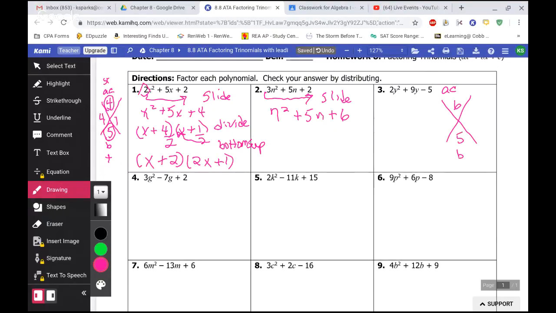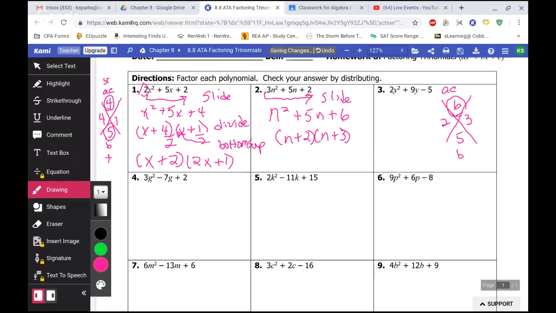So what 2 factors of 6 multiplied together, when I add them, give me 5? That's going to be 2 and 3. So n plus 2, n plus 3.